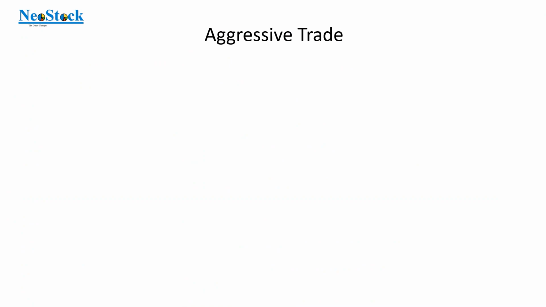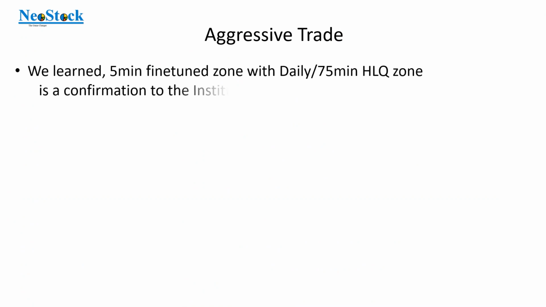But while planning, sometimes your high liquidity zone may not be having the fine-tuned zone. Earlier we learned 5 minutes fine-tuned zone within daily or 75 minutes HLQ zone is a confirmation to the institutional pending order flow.